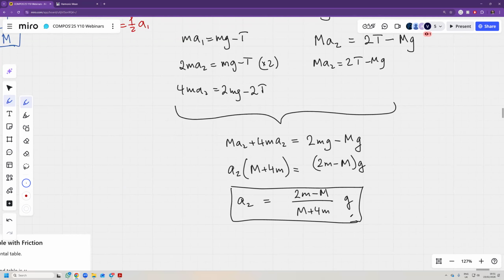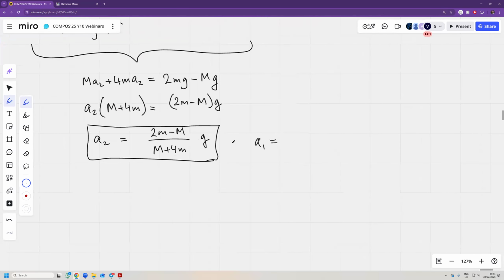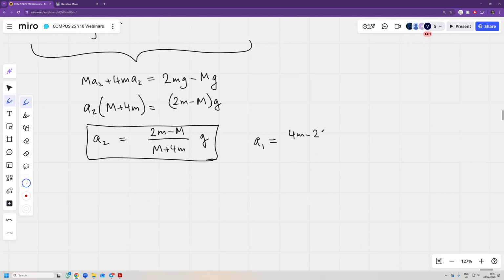This is A2, and A1 is simply double that. So it's (4m minus 2M) divided by (M plus 4m), times g. As you can see, once again, acceleration is a fraction of g, and that fraction depends on the mass distribution.